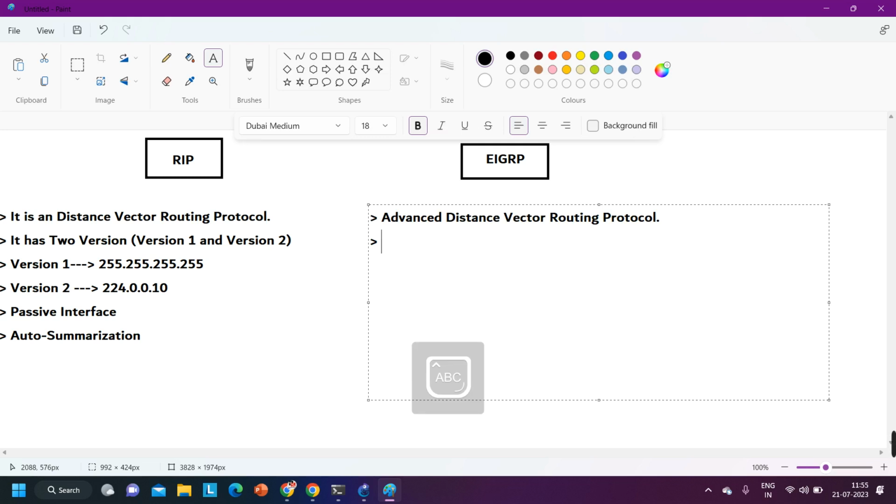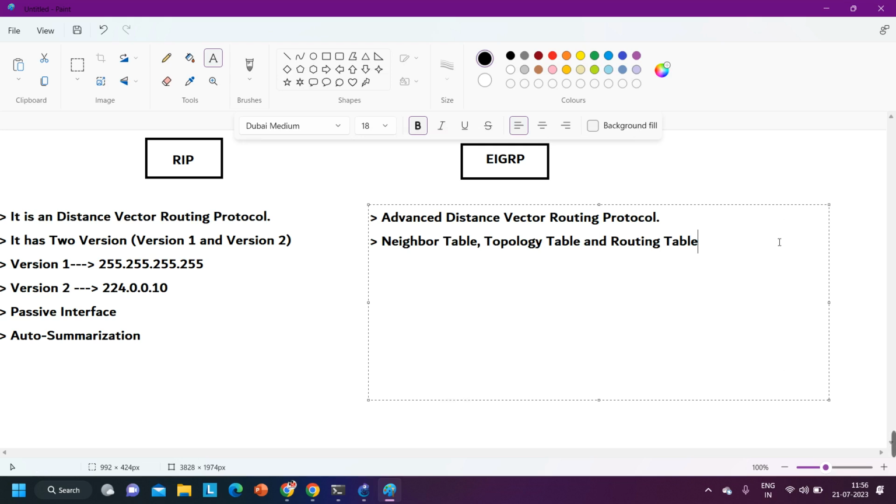Yes, 3 types of tables: neighbor table, topology table, and routing table. So the EIGRP routing protocol maintains 3 types of tables.